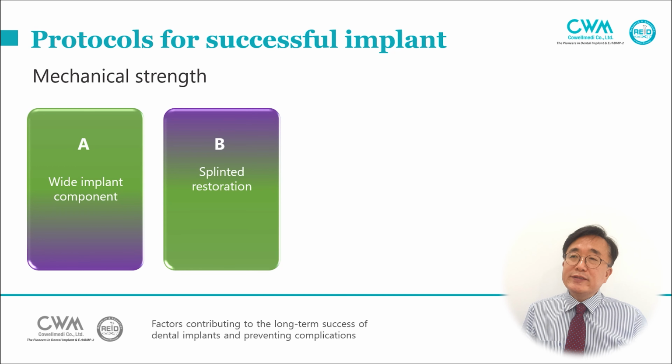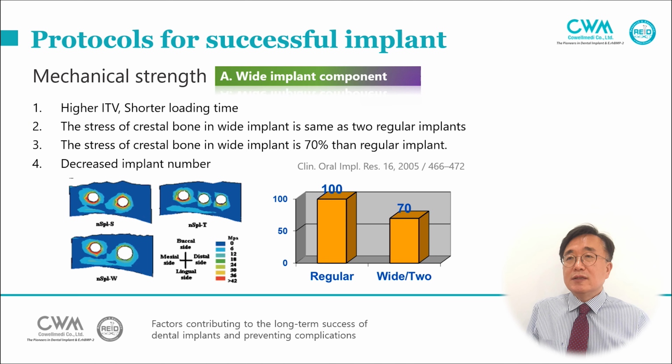And mechanical strength could be increased with a wide implant component and splinted restoration. This wide implant component has higher initial torque value, and so we can reduce loading time, and stress of crestal bone in wide implant is the same as two regular implants.